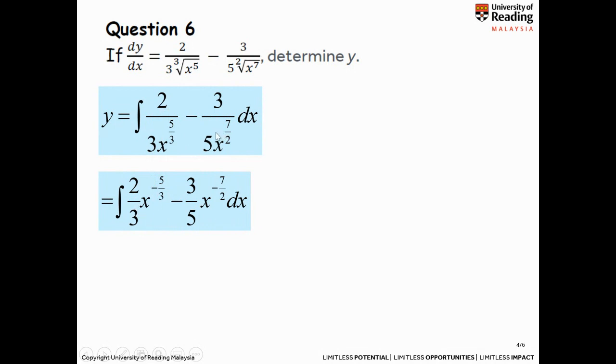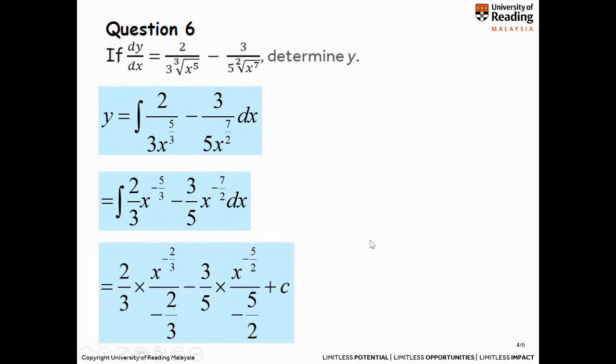Same thing for the second fraction. You keep the 5 as your denominator. So you shall get minus 3 over 5, and the x to the power 7 over 2, you bring it up, you shall get minus 7 over 2. Now you integrate by adding 1 to the power.